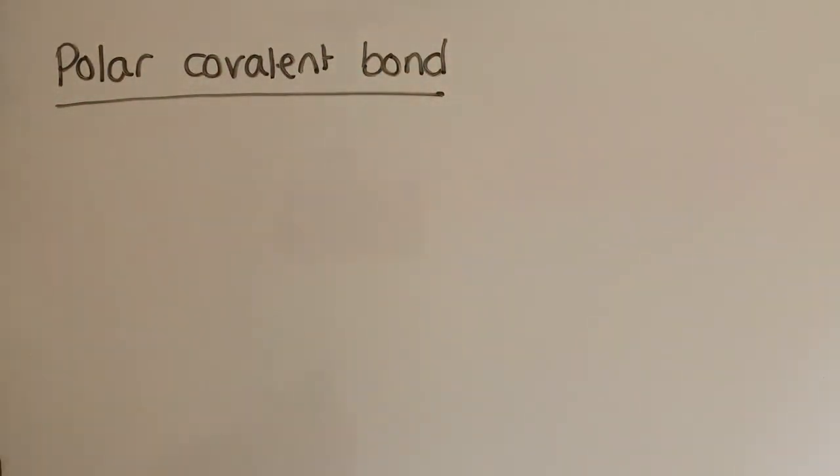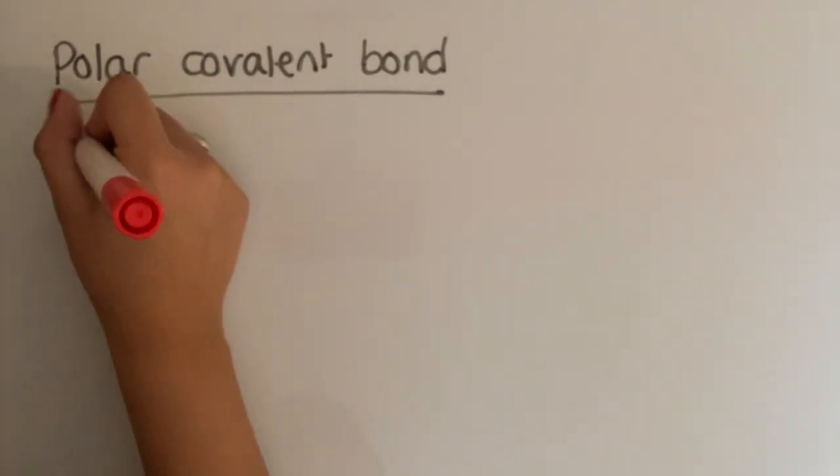Okay, so a non-polar covalent bond is where the electrons are shared equally. A polar covalent bond is where the electrons are shared unequally between the two atoms.